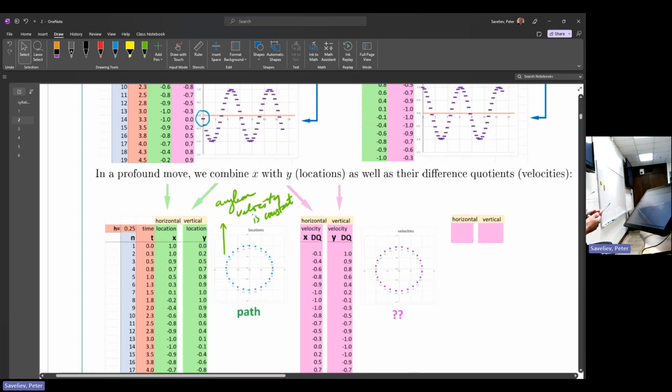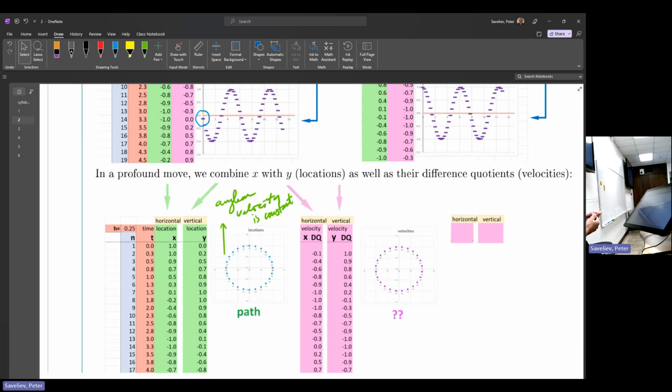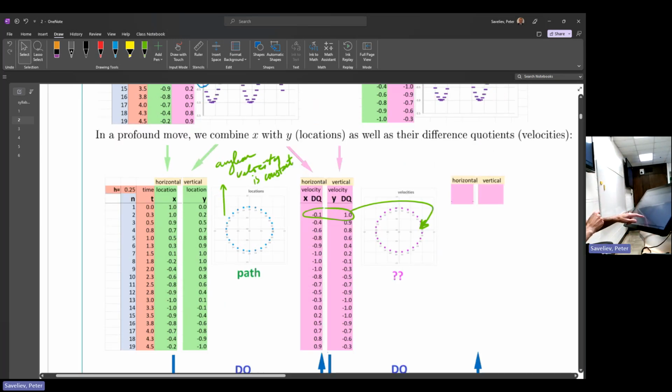What is it? It is another parametric curve, because it depends on time, and there are two numbers. It's a point, and that point is plotted. For example, where is this one? It's right here. One point at a time, every pair is plotted.